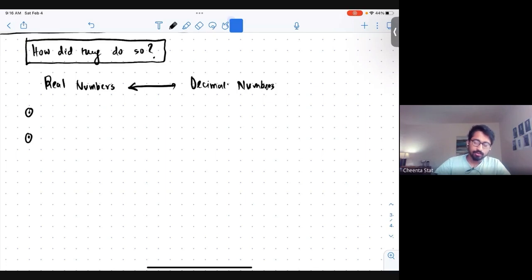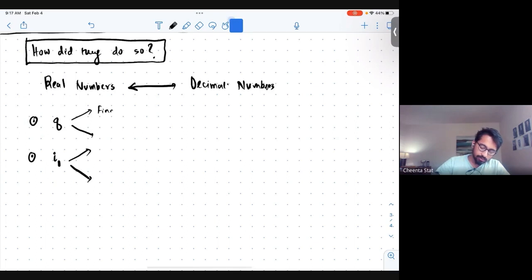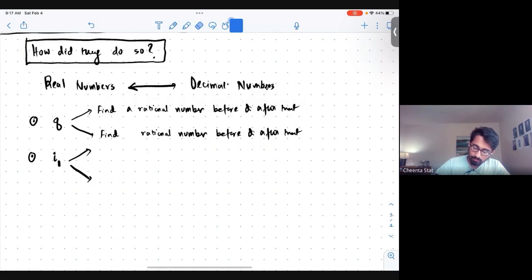If we have a rational number, let's say q, and an irrational number, let's say I1, then you can always find a rational number before and after that, and you can always find an irrational number before and after that rational number q.